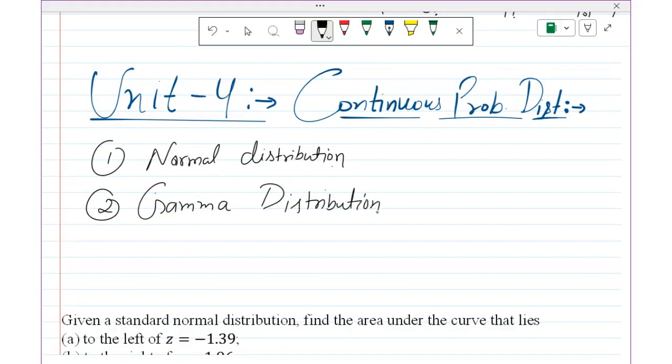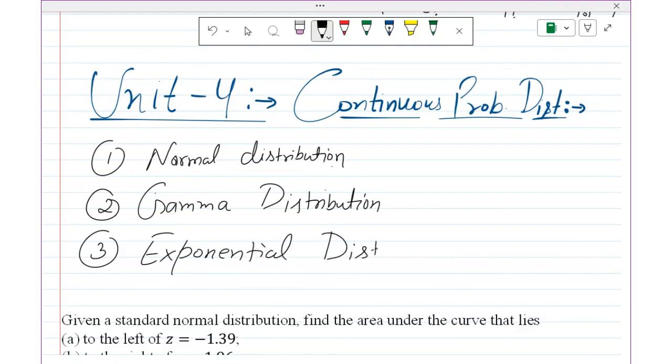And the third one is exponential. So why am I telling there are only two? Because this exponential distribution is a particular case of gamma distribution, meaning if you know gamma distribution, then you know the exponential distribution also.